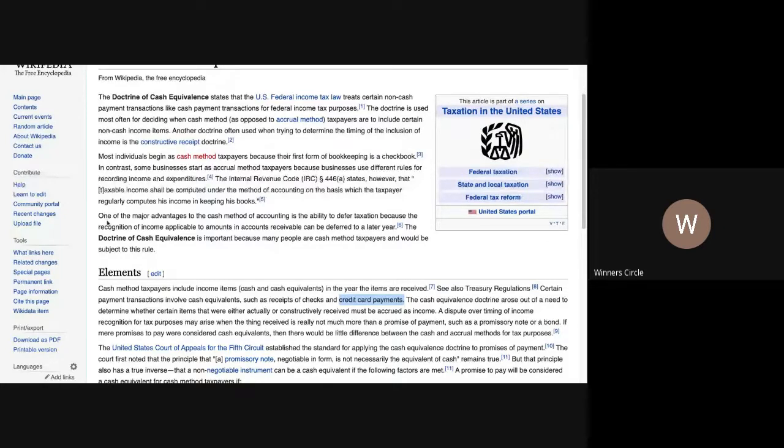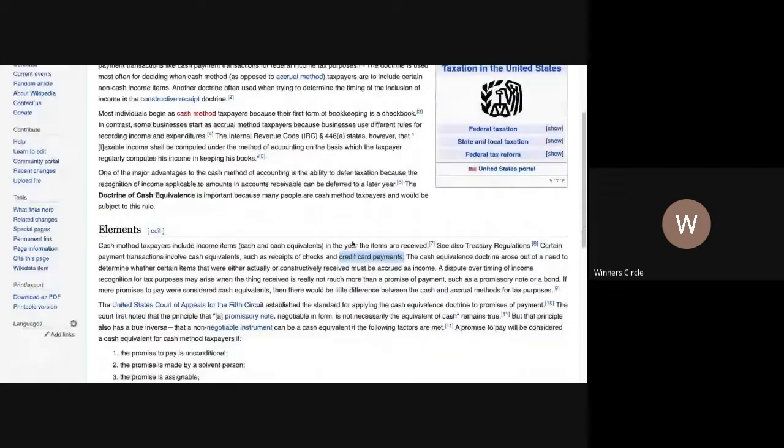One of the major advantages of the cash method of accounting is the availability to defer taxation. Sorry, I got distracted. Recognition of income applicable to amounts in accounts receivable can be deferred to a later year. The doctrine of cash equivalent is important because many people are cash method taxpayers and will be subject to the rule.